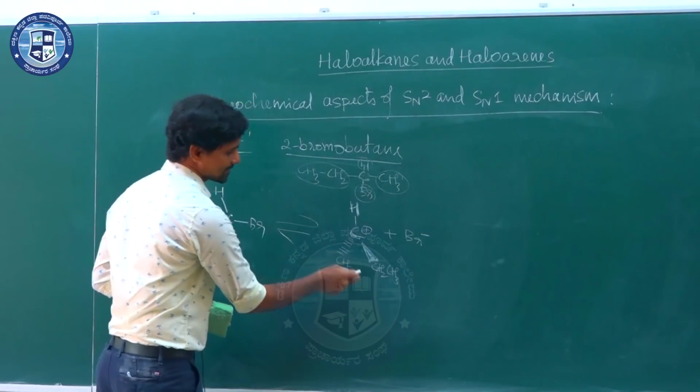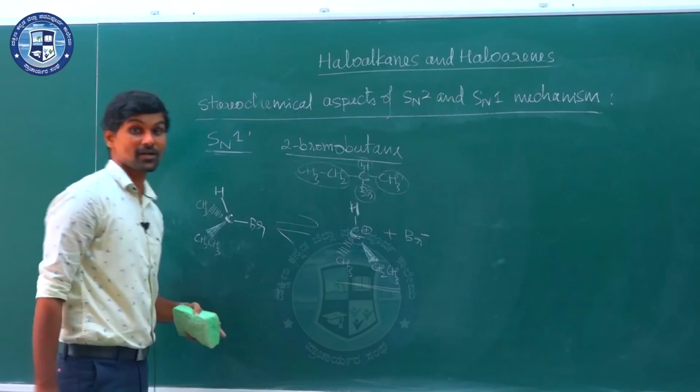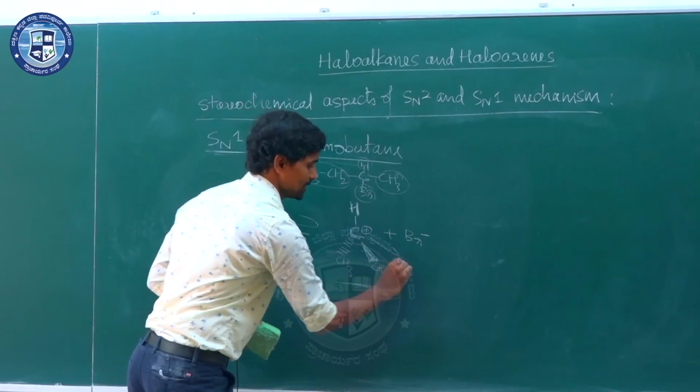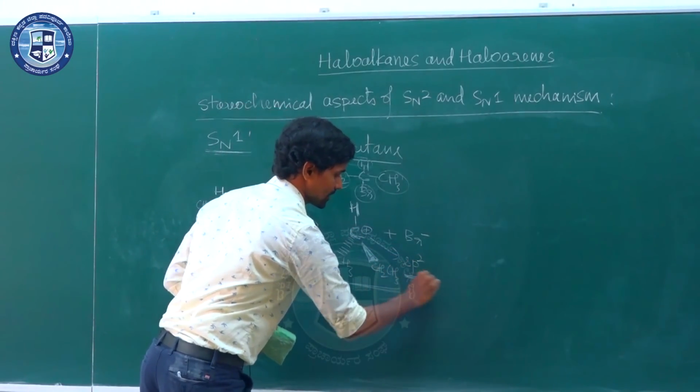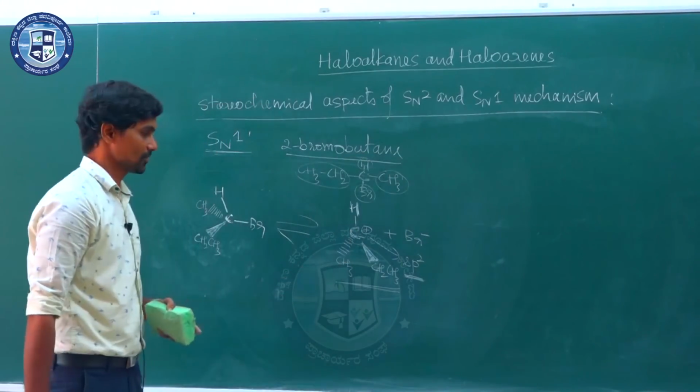And you know that this carbocation has planar geometry, because here this carbon is sp2 hybridized. Because of that reason, this carbon has planar geometry.